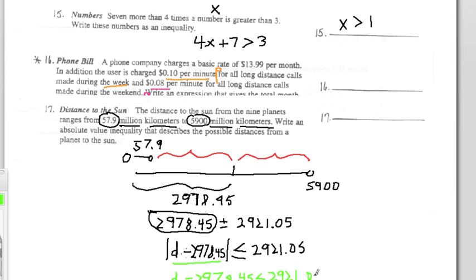And the negative. It's greater than or equal to the negative 2921.05. This computer is going so slow.